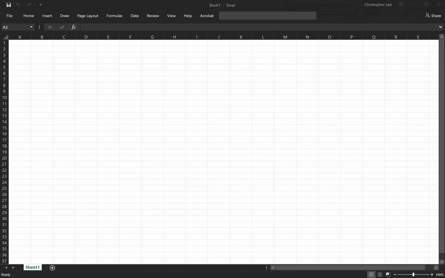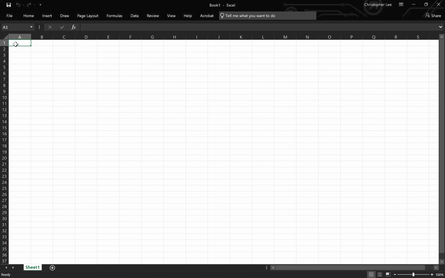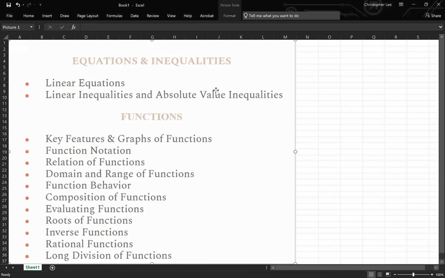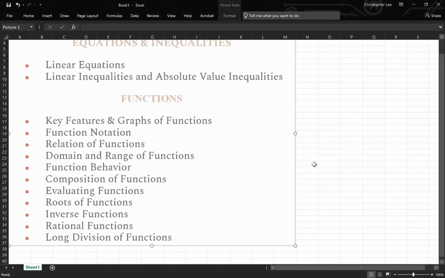First thing I want to do, I want to just provide you all with the topics. Here you go. So we're going to have linear equations, linear inequalities, and absolute value inequalities, functions, of course.